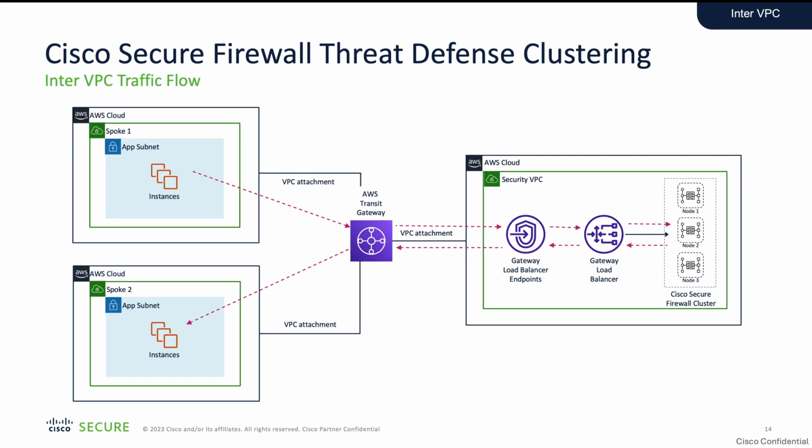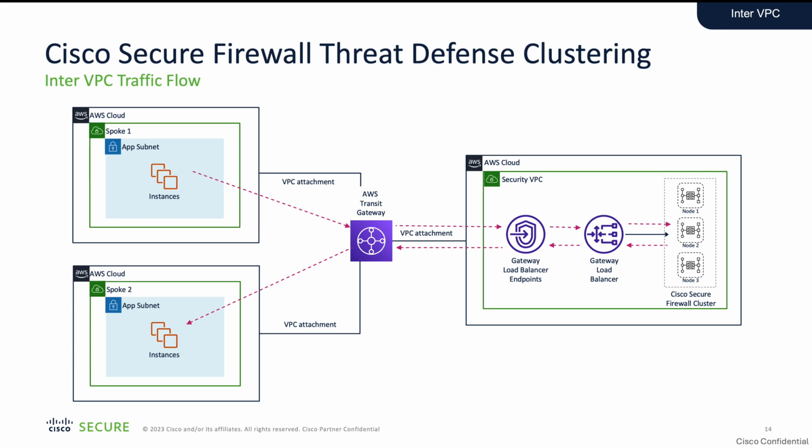This is another use case where you have multiple VPCs and you would like to protect the inter-VPC traffic. In this architecture, we have two spoke VPCs and a security VPC hosting a firewall cluster, and a transit gateway that is connecting all the VPCs through VPC attachments. Based on the route tables, traffic from spoke VPC 1 goes to the transit gateway, which forwards it to the gateway load balancer endpoint and to the gateway load balancer, and finally to one of the cluster nodes for inspection.